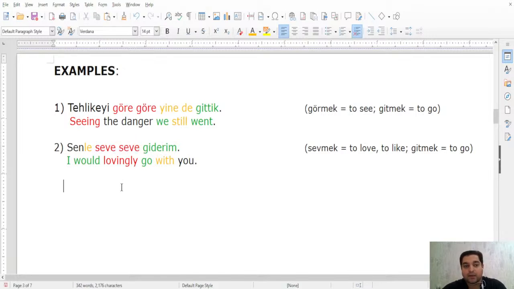Okay, severek means loving. Severek is the format here. Okay, severek is about the format. Seve, I mean, here seve will be about the nature, okay, not the format, but the nature of the action.